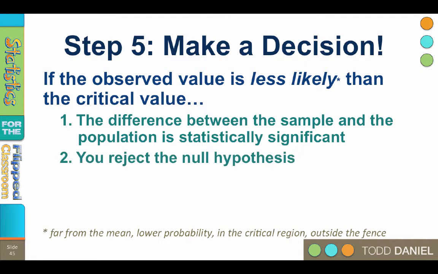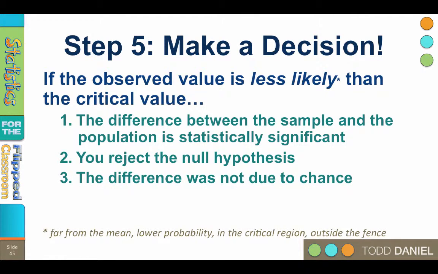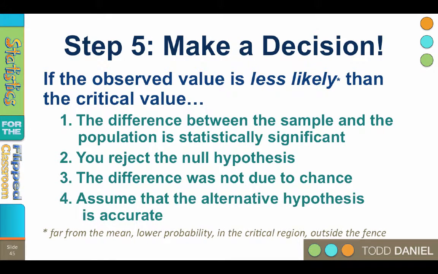You will reject the null hypothesis. The observed value is in the region of rejection. The difference between the sample mean and the population mean was not due to chance. And you assume that the alternative hypothesis is accurate. The difference was due to an effect.